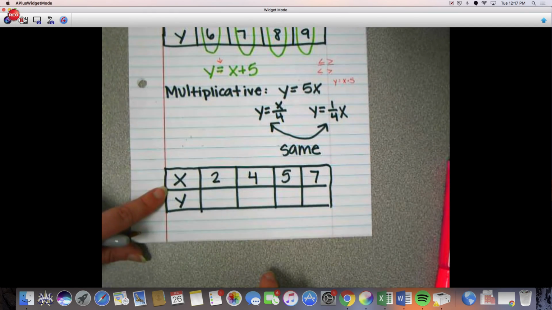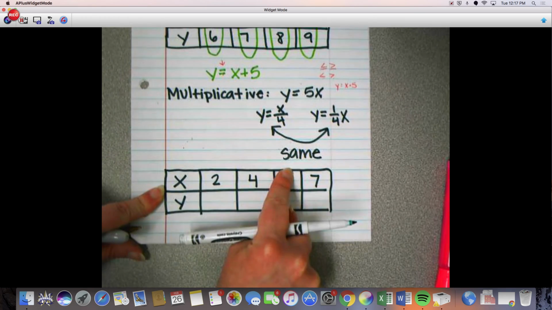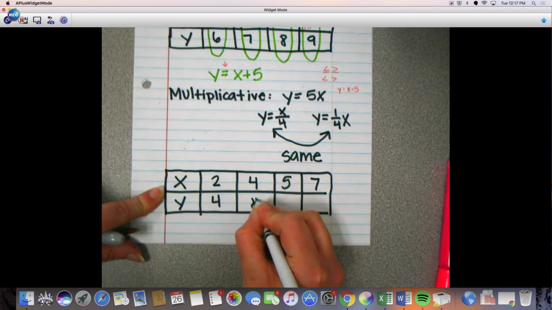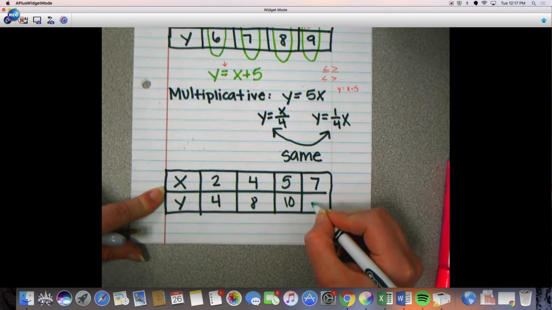I skipped it intentionally because I want you to see we're not looking at this relationship. Your y values are 4, 8, 10, and 14.